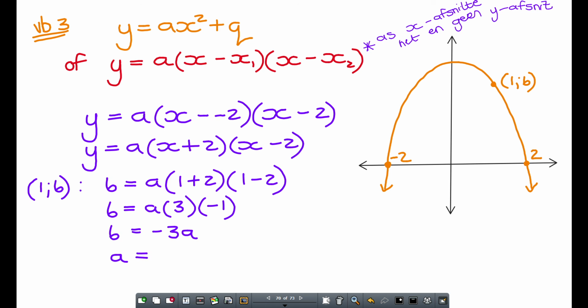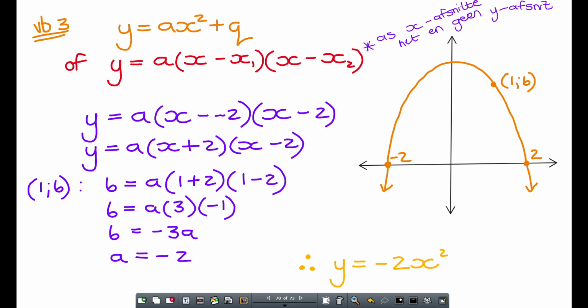So a will be minus 2, nee? Is julle reg? Okay, so my final answer will then be y is equal to minus 2x squared. En nou, weet ek nie wat my y afsnit is nie, nee?